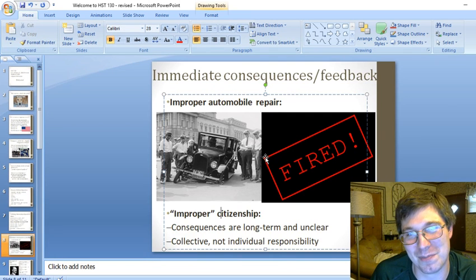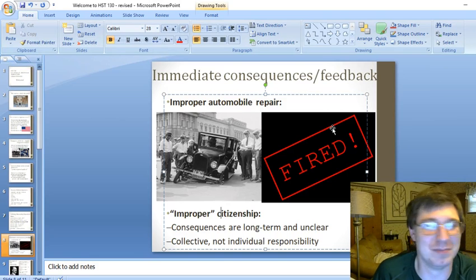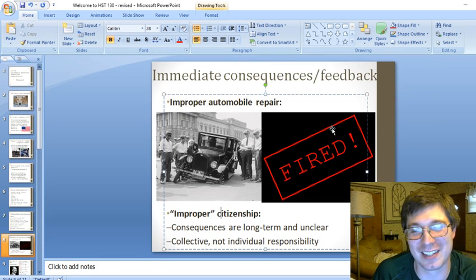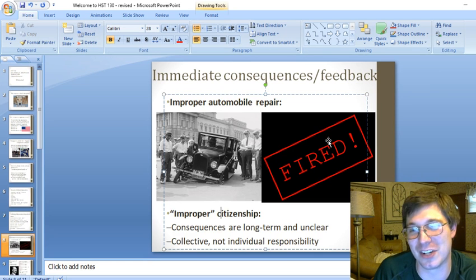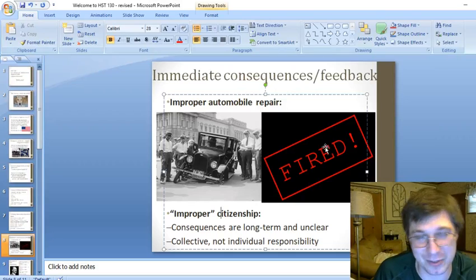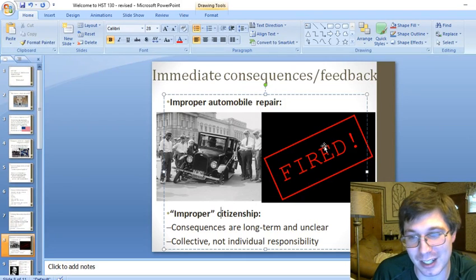Well, those students would probably get fired at that point. They're going to have immediate, tangible feedback to show them that they are not being very good automobile mechanics. And also, by extension, this means that OTC wasn't doing a very good job in training them as automobile mechanics. That their instructors weren't doing a very good job.